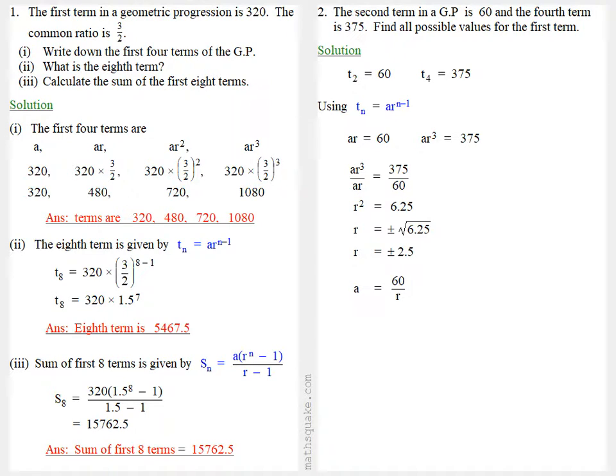Now we know A is equal to 60 over r, so A is equal to 60 over 2.5, or A is equal to 60 over minus 2.5, and that gives us our answer. A is 24, or A is equal to minus 24.